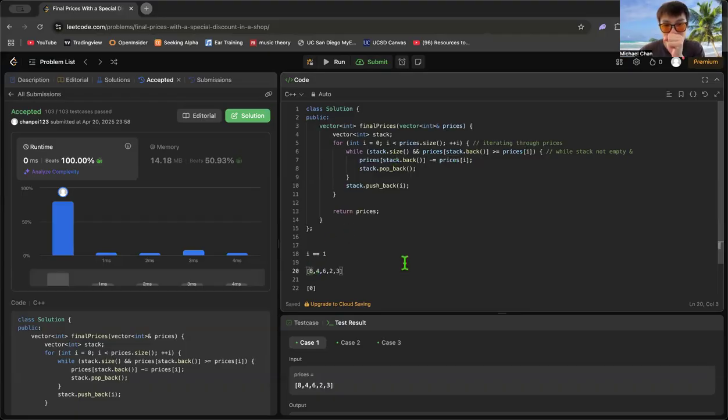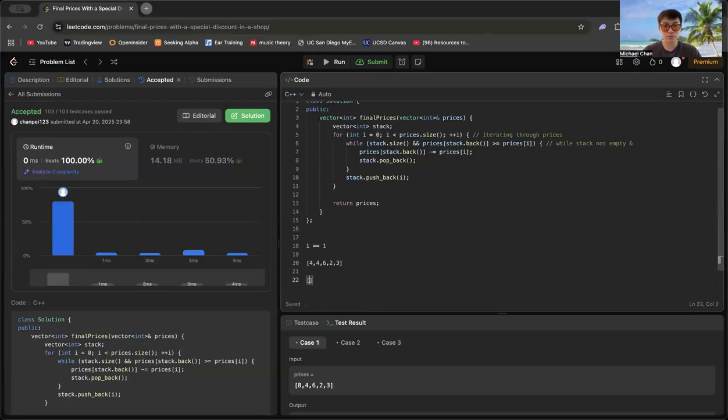Therefore price 0 minus that, so it will be 4. Stack pop back. And then it becomes 2. Okay, and then is this bigger? It's not bigger, right? Prices of stack back, which is 1, is it bigger than 2? It's not. So you just append this.